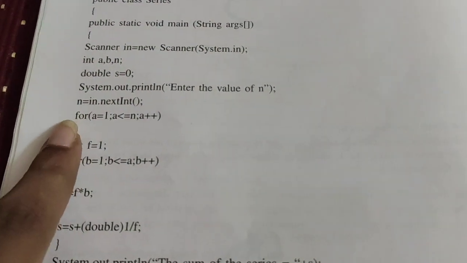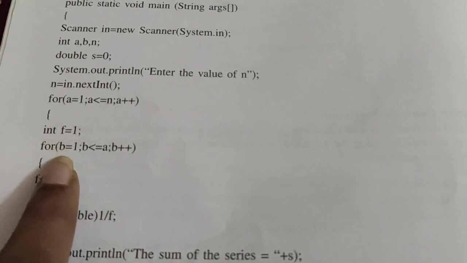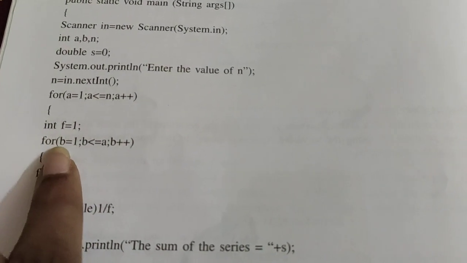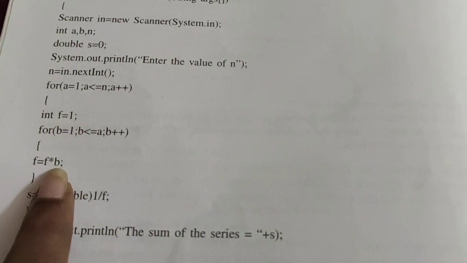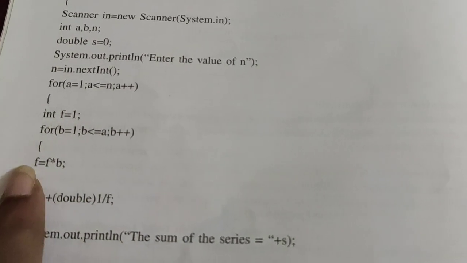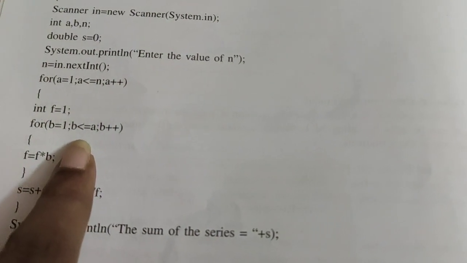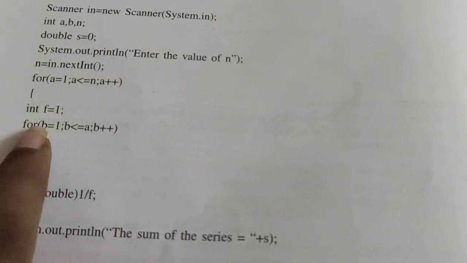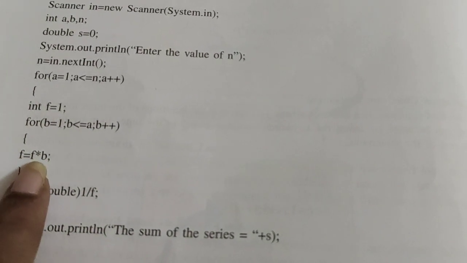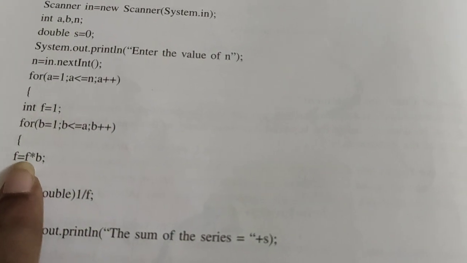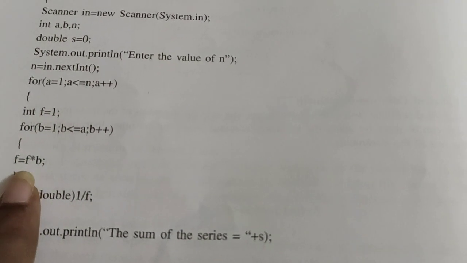And for the second iteration, a is equal to 2, and when you enter into the inner loop, first b is equal to 1. So 1 into 1, f will be 1, and again it will be going here. Now b will be 2. So when you come here, f is equal to 1 into 2, f value will be 2.